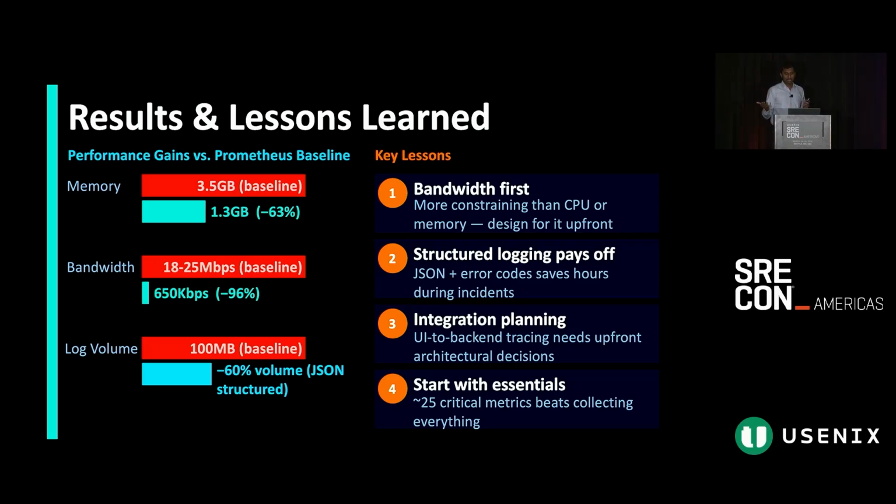We have to play with whatever we have. So design your solution in such a way to collect what is bare minimum needed for your observability solution to work. Then after that, if you have additional resources available, then you can add on additional things which are nice to have. Those things you can add, but start with bare minimum.